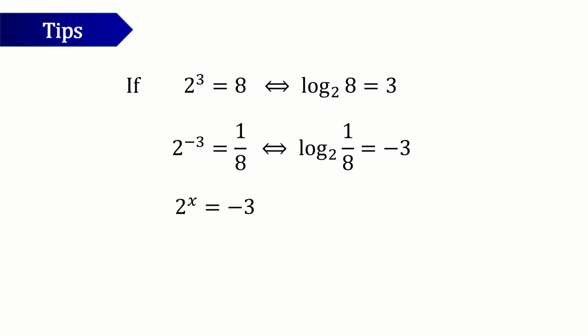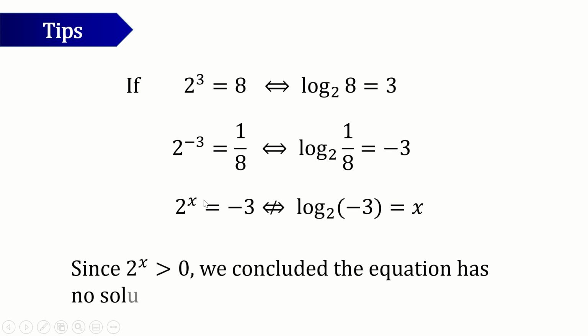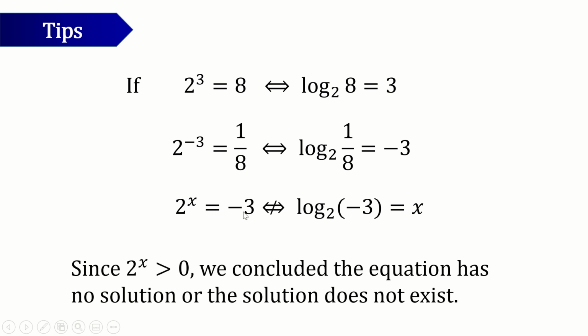But if we have something like 2 to the power of x equals negative 3, we cannot change to logarithm form because this is undefined. 2 to the power of x must be a positive number, so it cannot be a negative number. So we conclude that this equation has no solution, or the solution does not exist.